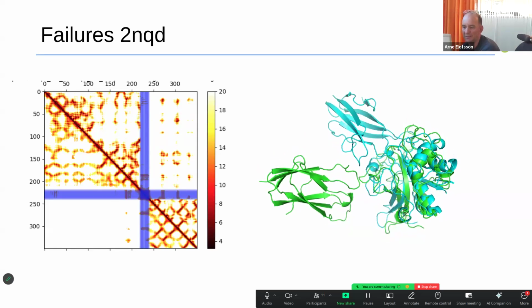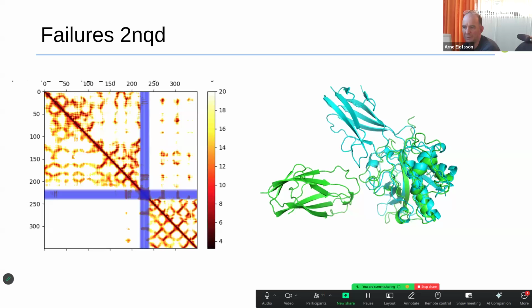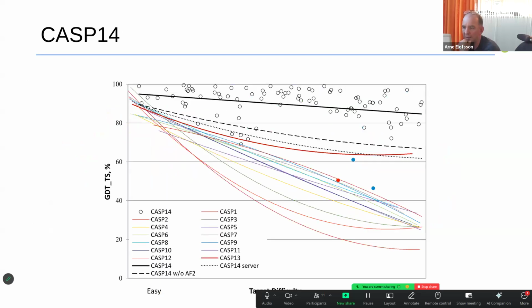And then we ended up in 2020, and there was the pandemic, and there was CASP-14, and we got to see this plot. If you remember, we had a big jump from CASP-12 to CASP-13, from the red to the other red line here, the thick red line. And then this time we had another big jump up to the black line that was basically flat.